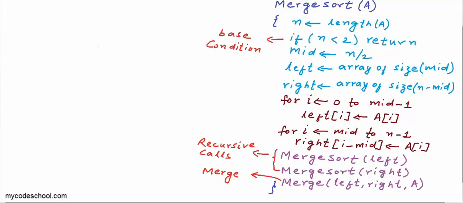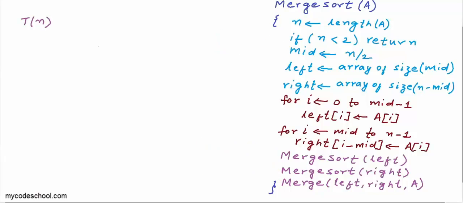We have the pseudocode for merge sort algorithm here that we had written in our previous lesson. Let's say the time taken for an array of size n by merge sort algorithm will be T(n). Let us now see how we can find an approximated expression for this T(n).